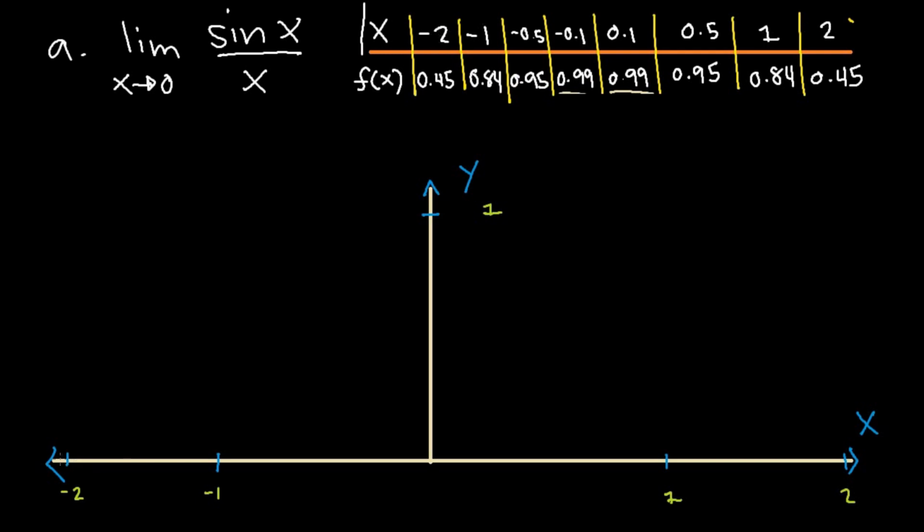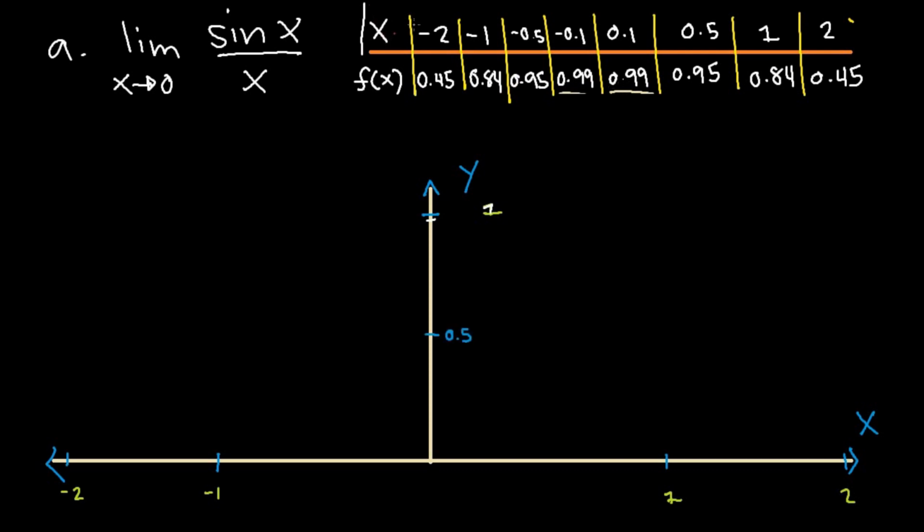So i-limit lang imong line or ang graph sa negative 2 hangtod 2 para makita nimo diretso, dili ka maglisod. Tapos sa y, ang pinakataas nga value is positive 0.99. So i-limit lang sa 1 since naa diri ang 0.99, the highest value of y sa imong graph.